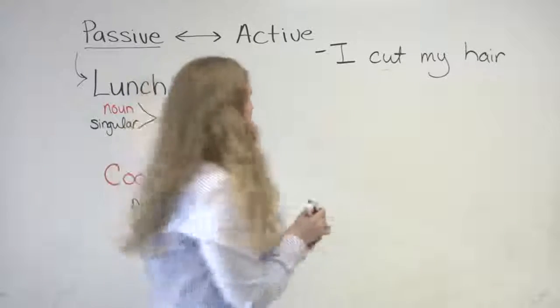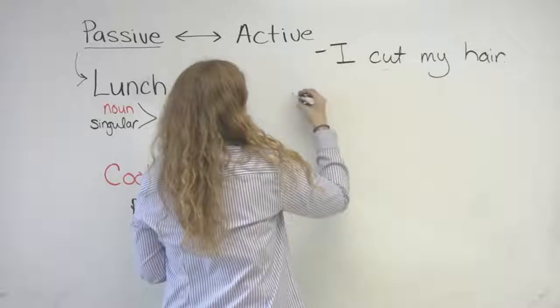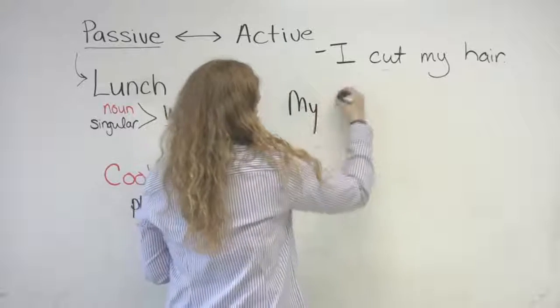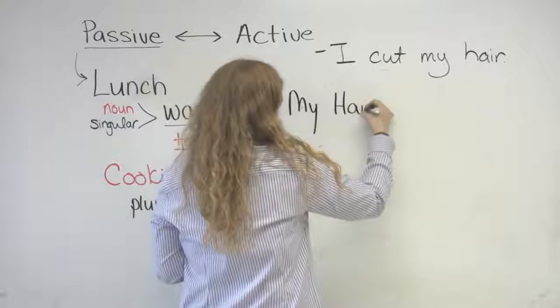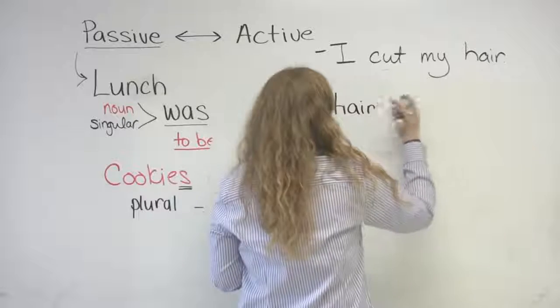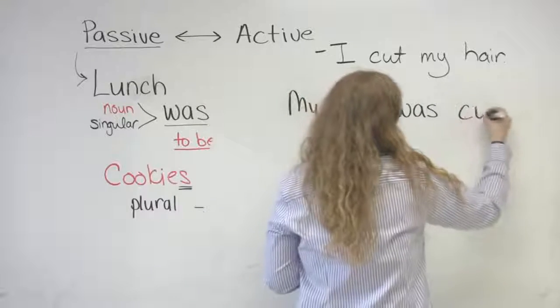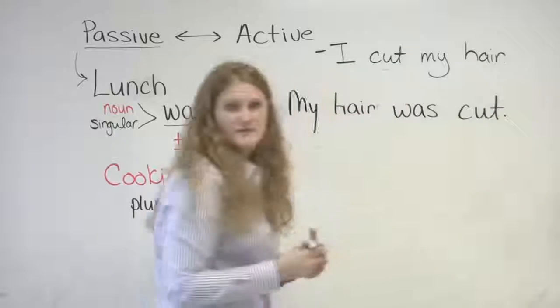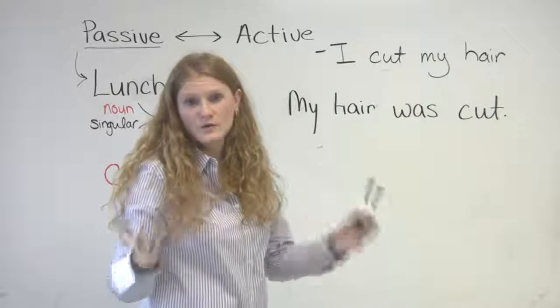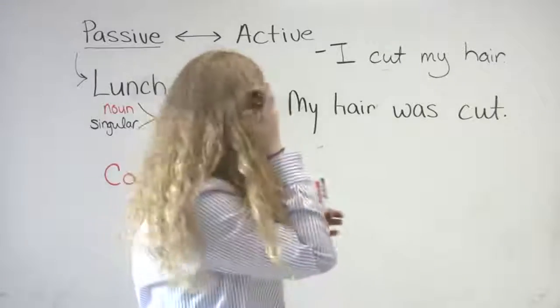You need to say, my hair, and we don't need a capital on that, was cut. We don't know who cut it, and we don't care who cut it, okay?